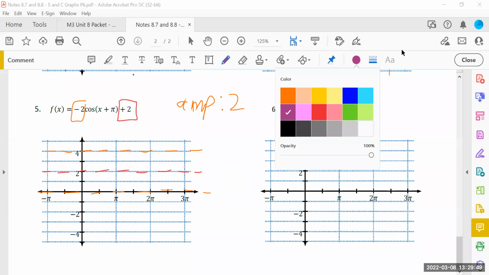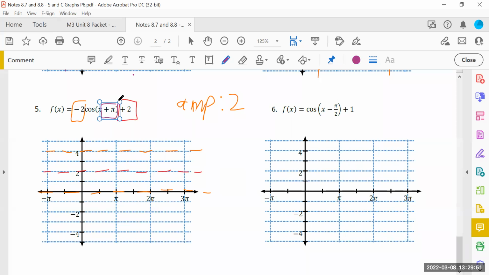This one's shifted left pi. Left pi gets us here. And then from 2 pi, left pi would get me to just pi there. That would be my ending line. And then the actual graph. For this one, for -2 cosine, am I starting at the top or the bottom? Right, cosine never starts in the middle.